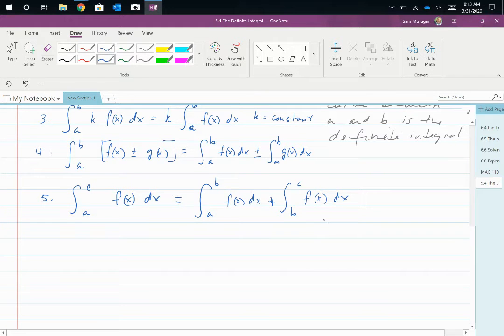In other words, if we needed to find between a to c, and this is b, we would take the integral first between a to b, and then add it to the integral between b to c.